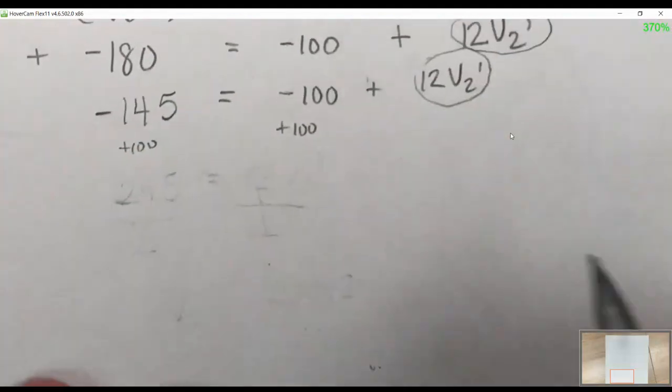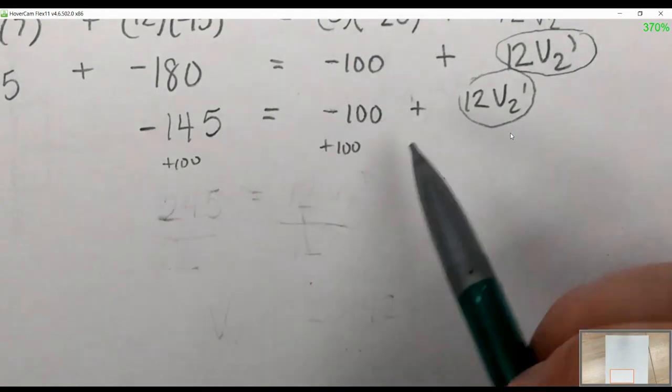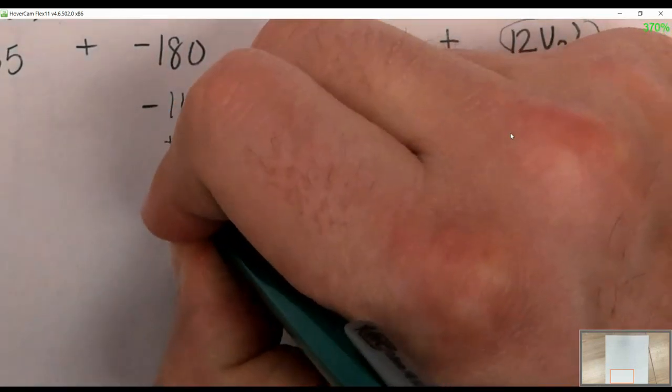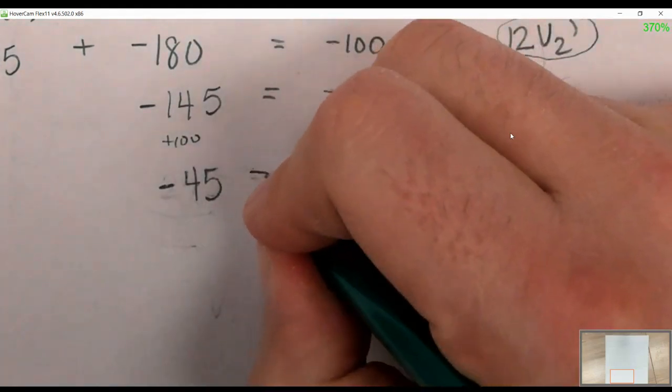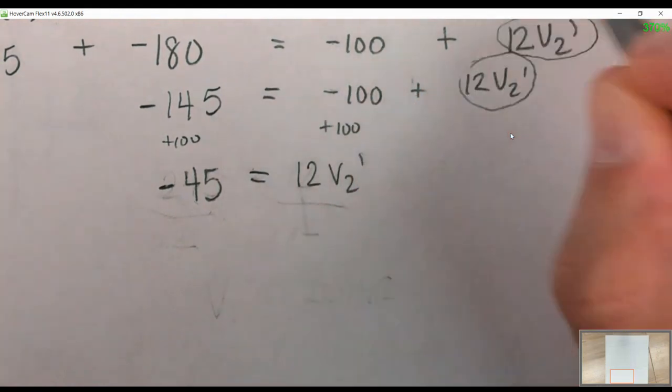Thank you. So negative 145 plus 100 would become just negative 45, which will change the answer up just a little bit. And that will equal 12 V2 prime.